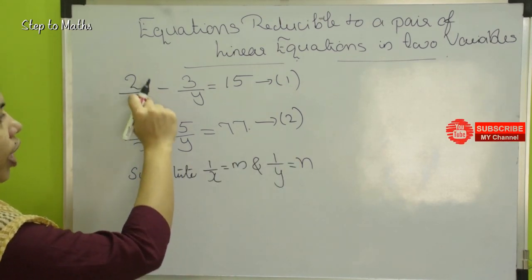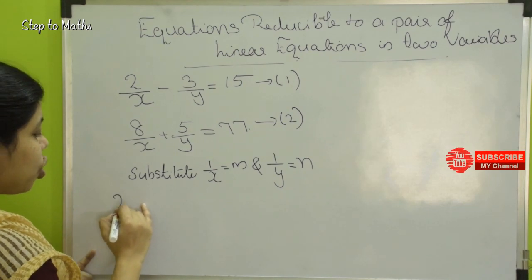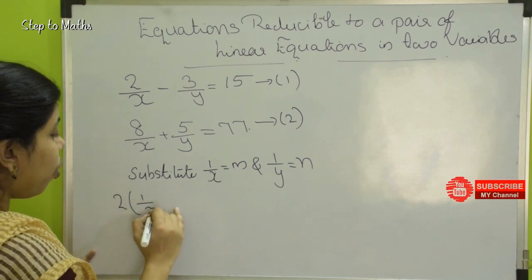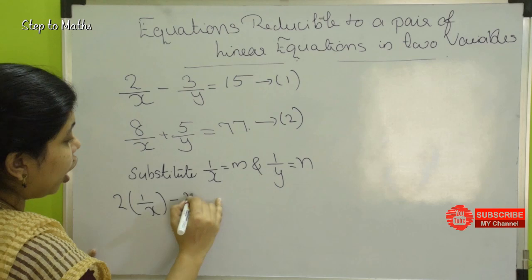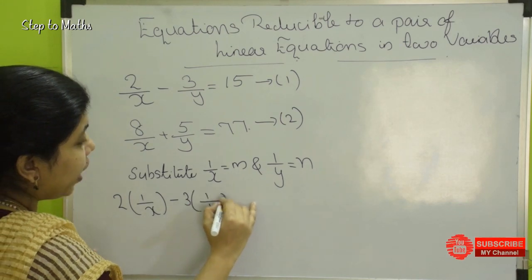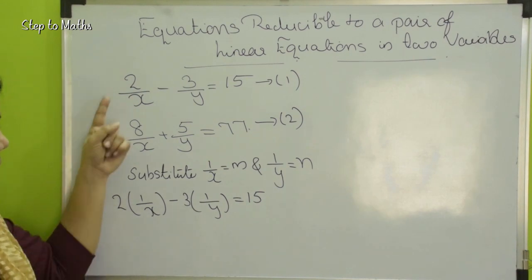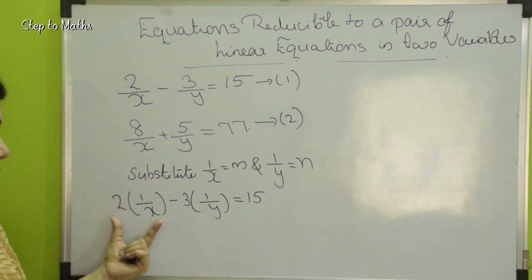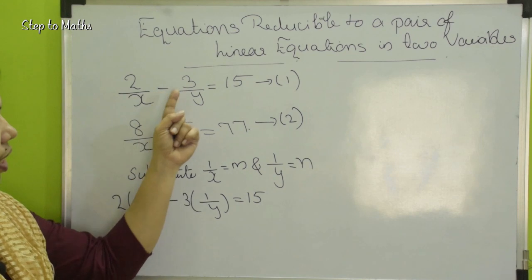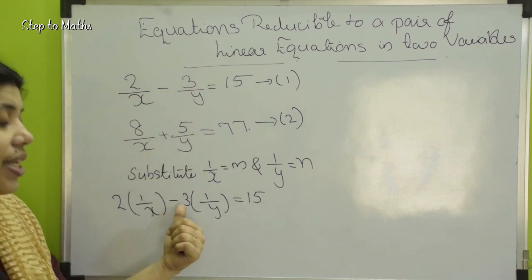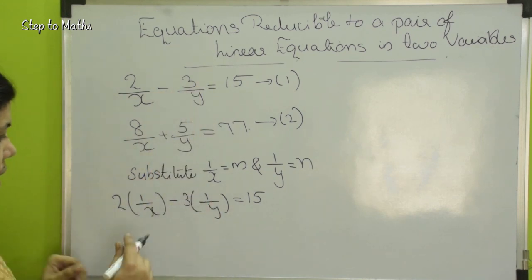So equation 1 becomes 2 into 1 upon x minus 3 into 1 upon y is equal to 15. 2 upon x we can write as 2 into 1 upon x, and minus 3 upon y is minus 3 into 1 upon y.